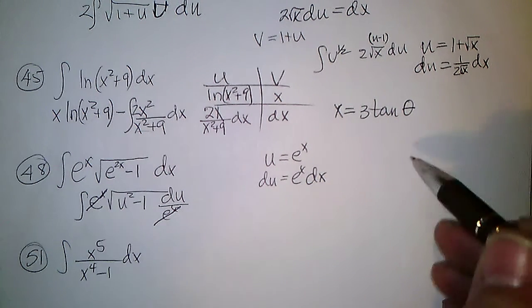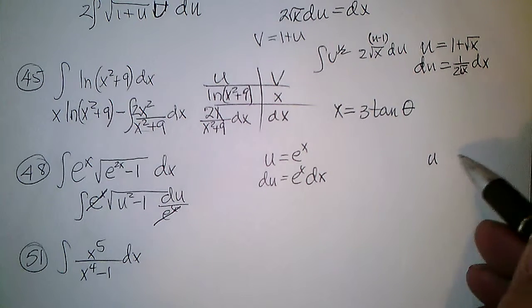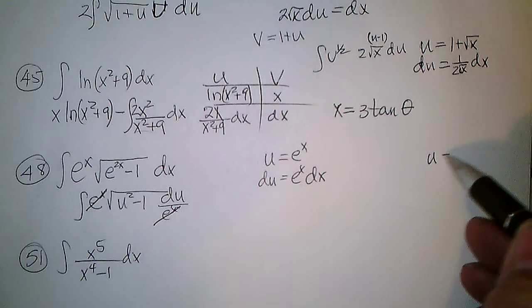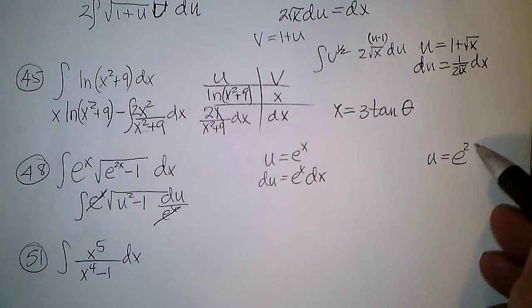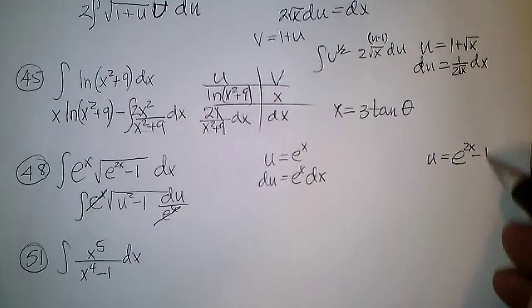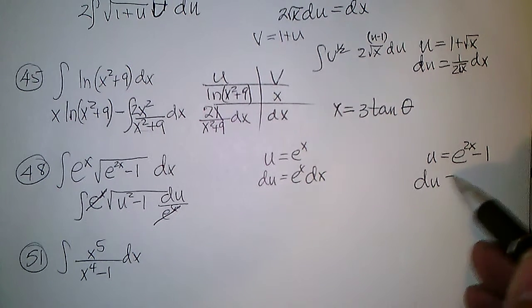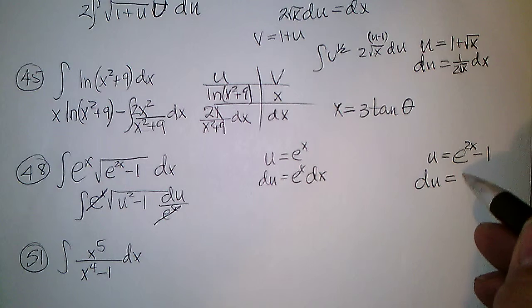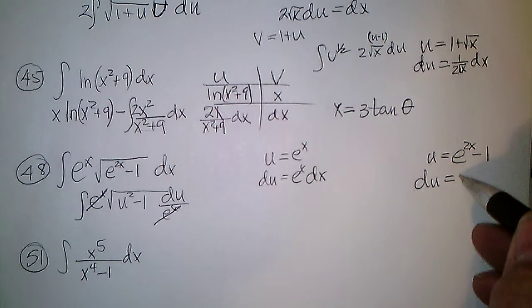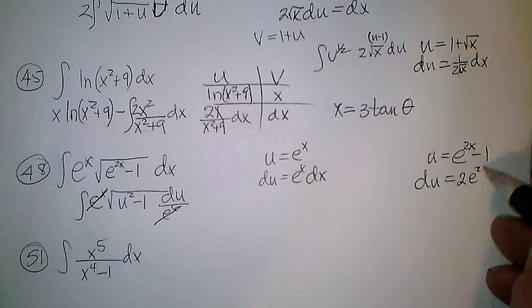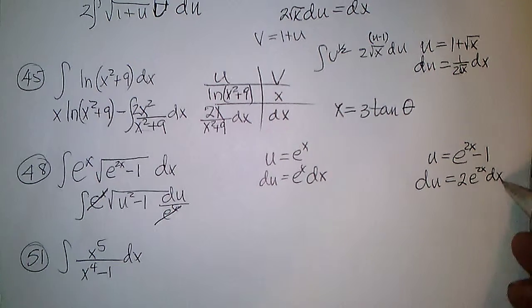Let's try letting u equal all of the inside, e to the 2x minus 1. Then du would be 2e to the 2x dx.